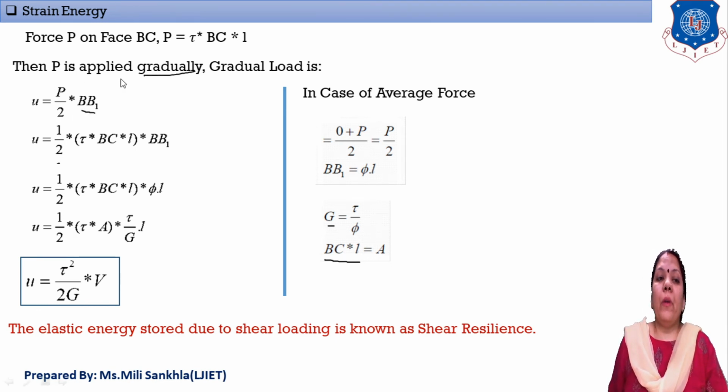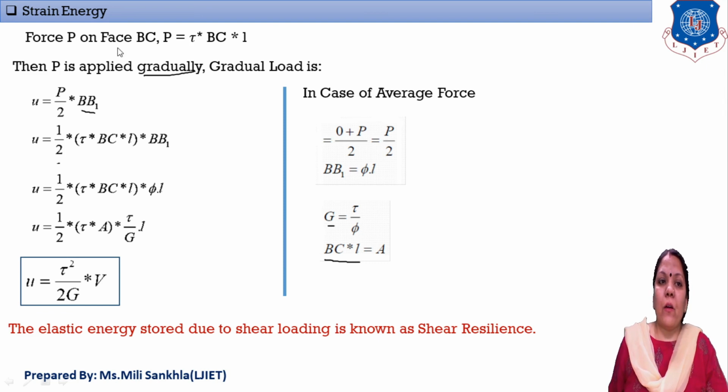Now load P is applied gradually on the given block. U is equal to 1/2 P into delta L, where delta L is the deformation of the block, which is BB1.